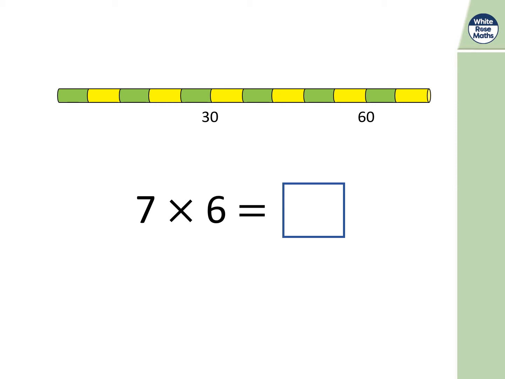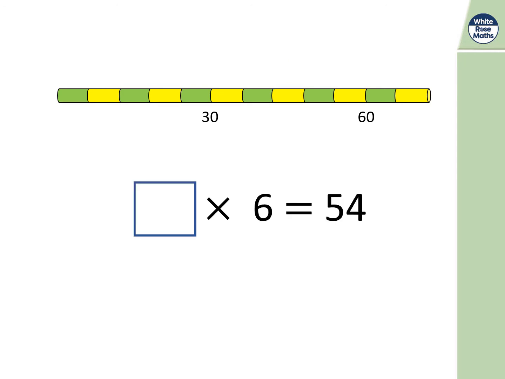So counting up in 6s, it's up to 30 here, and you count on to 7 times 6. 7 times 6 equals 36. What comes after 36? And the answer is 42.